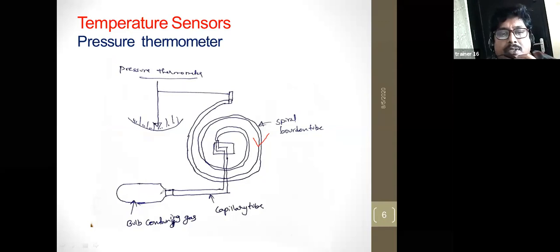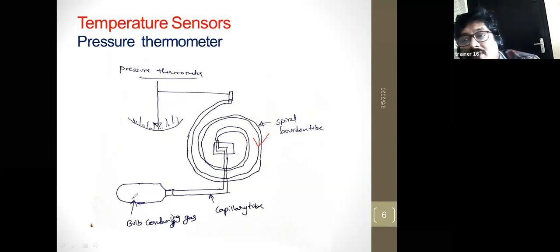This gas having a certain pressure means it is having a certain temperature, and it passes through the capillary tube. Due to the pressure in the gas, automatically the Bourdon tube expands. It is connected with some arrangement, the pointer is connected with some arrangement, and then the pointer will move on the scale, maybe clockwise or anti-clockwise. This indicates the temperature of the gas in the bulb.